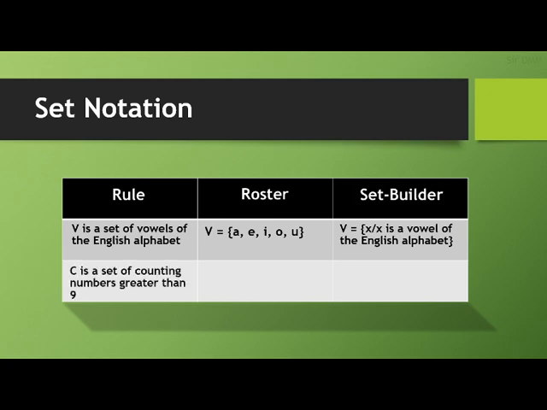Another, C is a set of counting numbers greater than 9. In roster method, we have C contains 10, 11, 12, 13, 14, and so on. For set builder notation, we have C is the set of all x such that x is a counting number greater than 9.